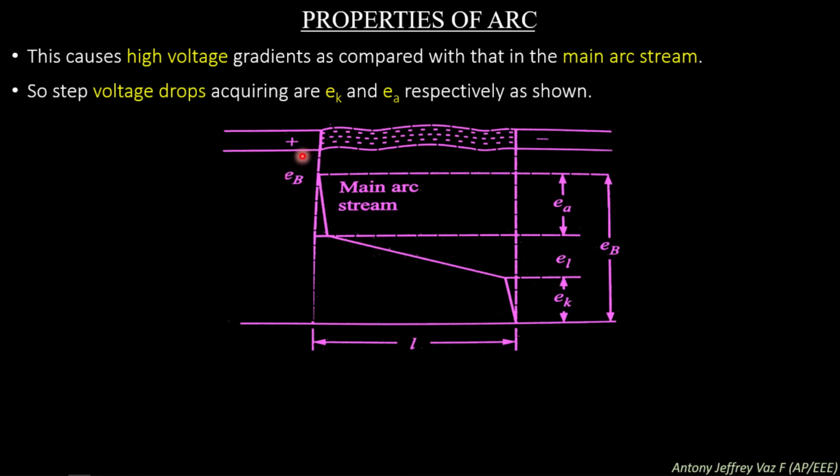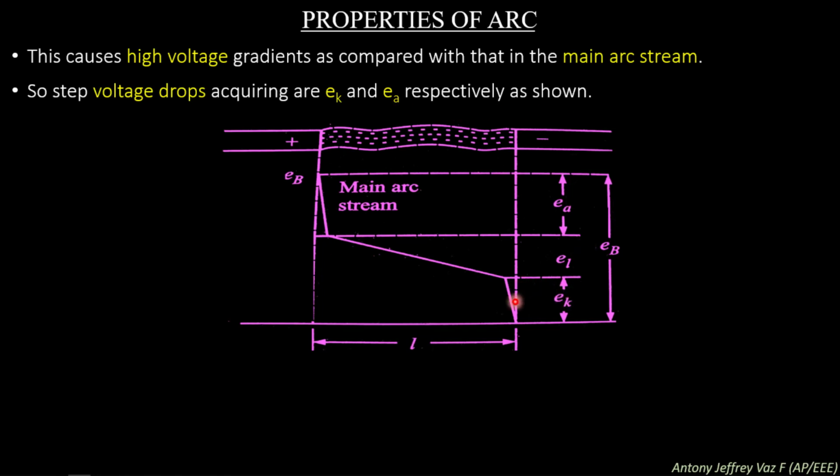If you see this figure, this is the positive contact or the anode of the circuit breaker, and here is the negative contact of the circuit breaker, known as the cathode, and this is the arc stream flowing between the positive and the negative contacts. Here the step voltage drops occurring are EK and EA respectively, as shown.